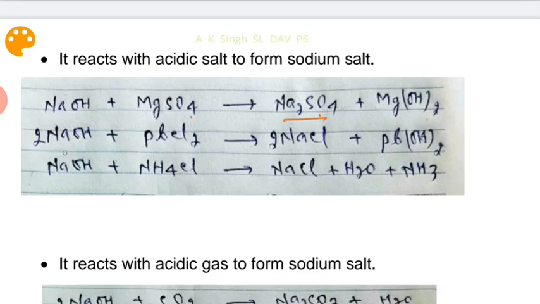NaOH means sodium hydroxide reacts with lead chloride. It is also acidic in nature and forms sodium chloride, that is sodium salt, and lead hydroxide, a weak base. Again, the strong base sodium hydroxide reacts with the acidic salt ammonium chloride and forms sodium chloride, and ammonia gas evolves here.